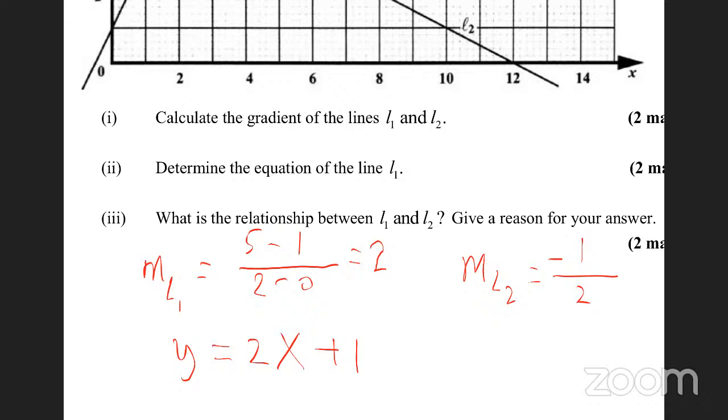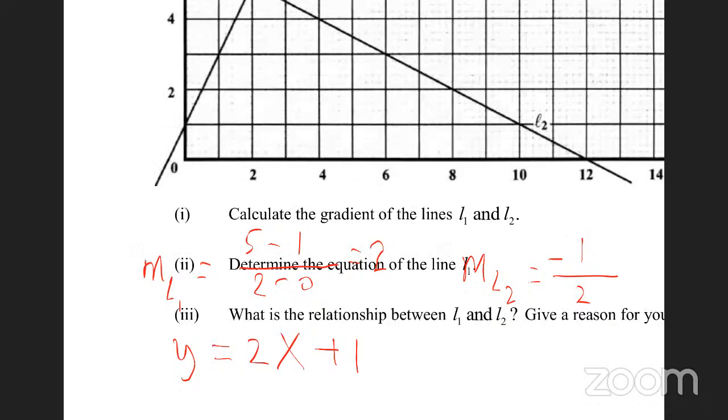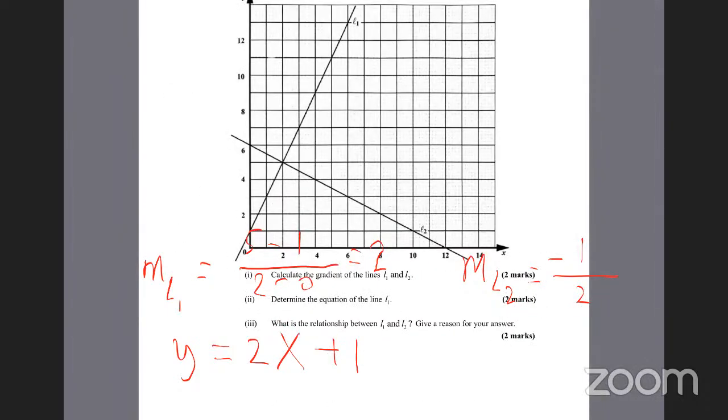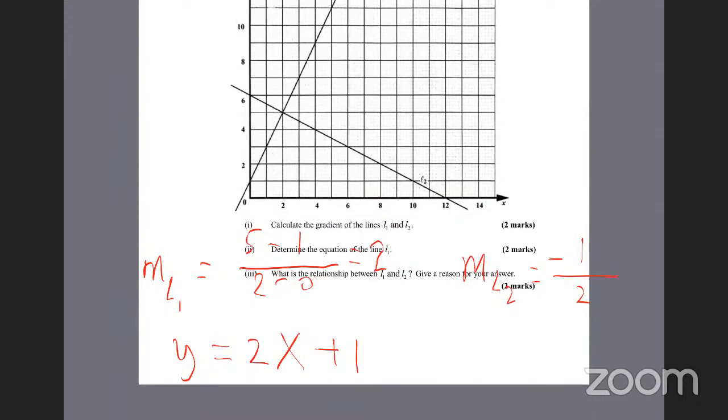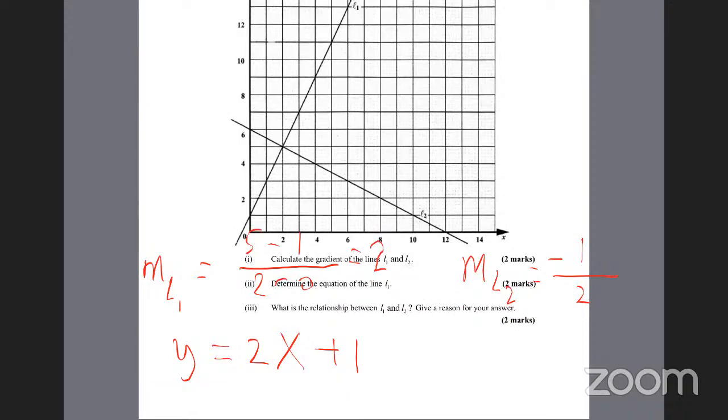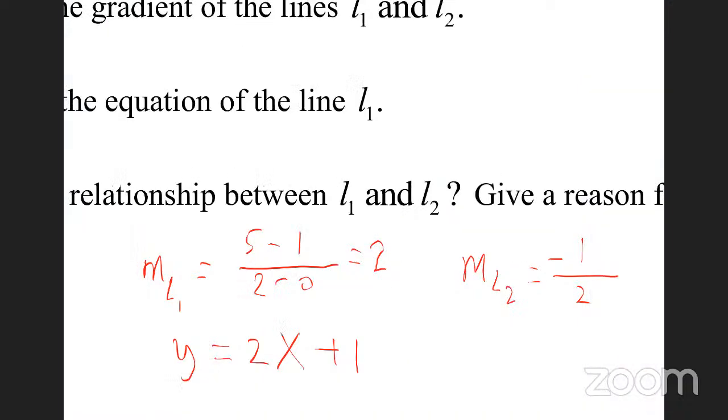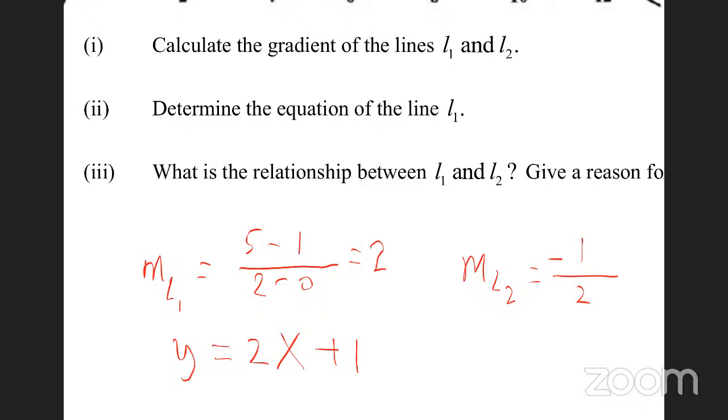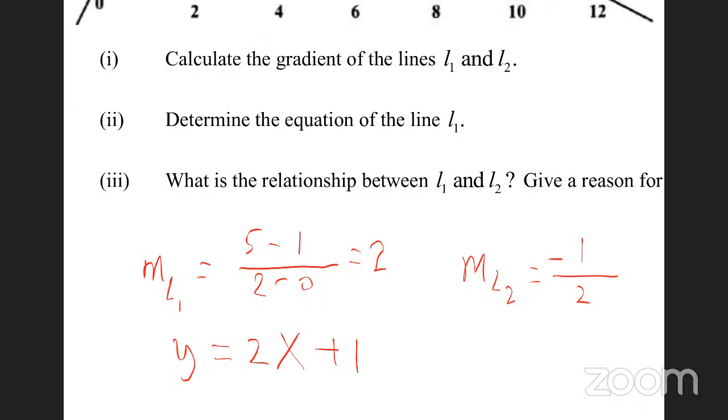You see the y-intercept right there on the graph, and the gradient we know already. The y-intercept is 1.